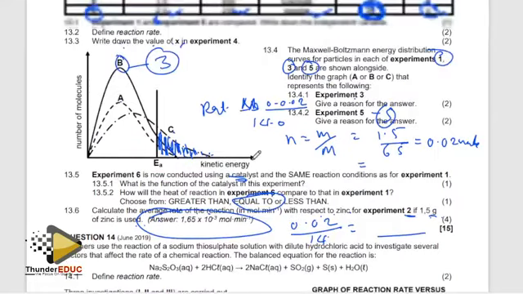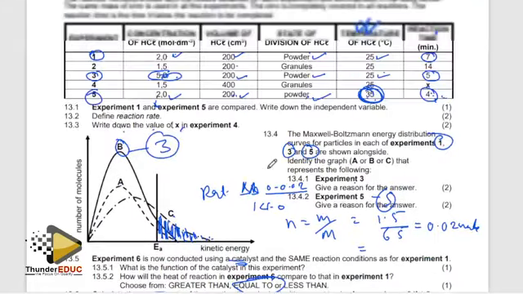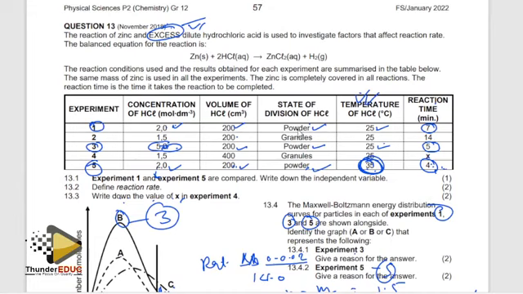So guys, basically in this topic, make sure that you know when they bring the powder, the reaction is very fast. When they bring granules, the one which has the powder has a faster rate compared to the granules. When they bring a high temperature, the one which has a high temperature is faster than the one which has a lower temperature.